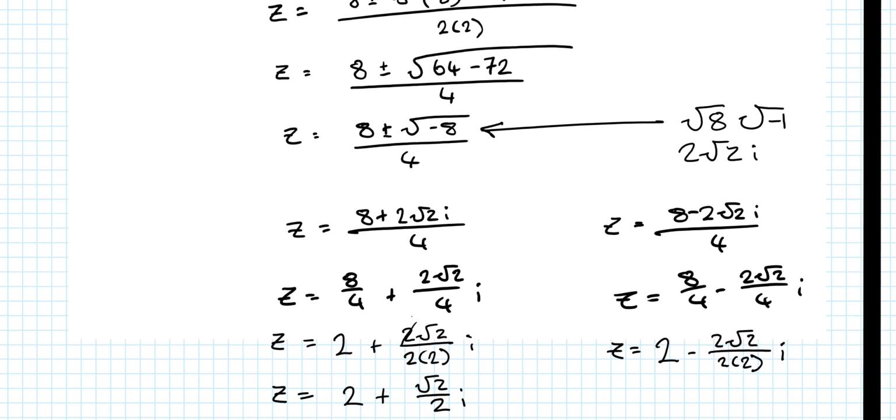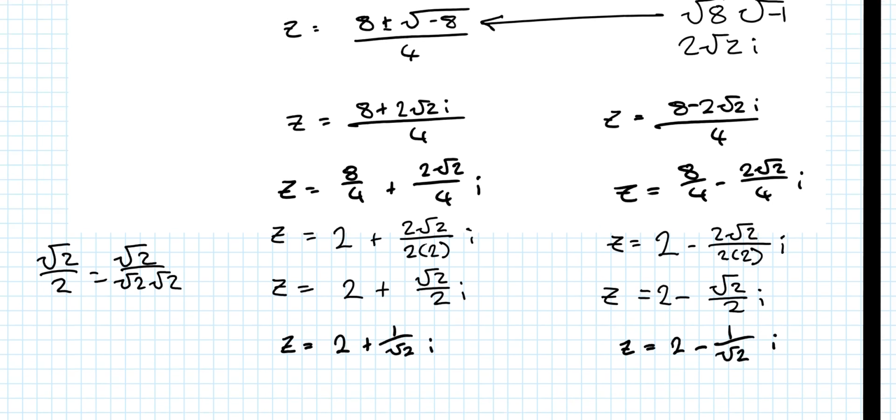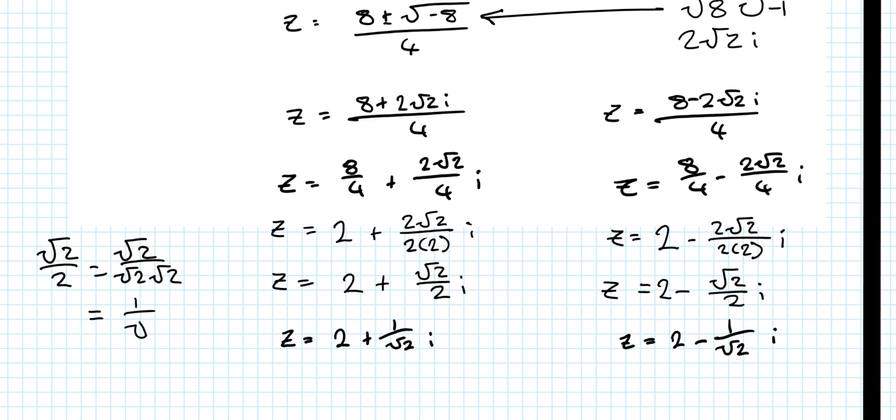Now, I'm sure I have said it to you before, but to remind you, this 2 over root 2, it's really common for your calculator to spit that as an answer back to you. You need to be aware that root 2 over 2 could also be written as root 2 over root 2 root 2, which then gets simplified down to 1 over root 2 because they cancel as well.